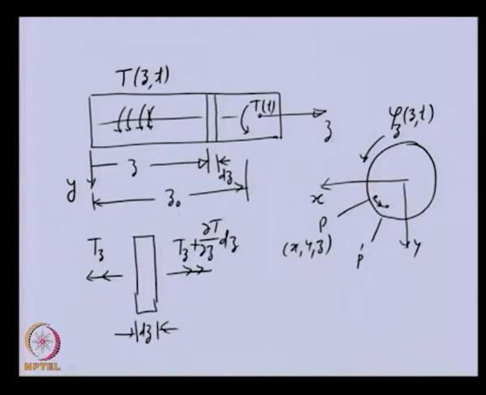Even for the angular displacement, I am representing it, let us say the positive direction is this one, phi z, which is a function of z and t, and this direction also, because left to right is the positive direction for z.